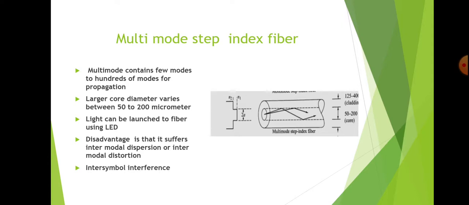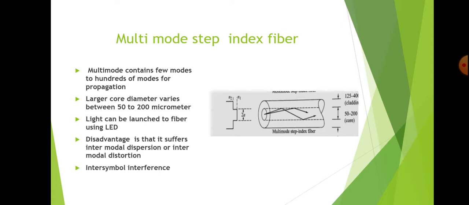So we can say that when a light source launches light into a multimode step index fiber, it will travel through the core of the fiber. But we know that in the multimode step index case there are different modes, so light waves will travel through different paths at different velocities. So at the receiving end, the modes in a given optical pulse arrive at different times, and this causes the pulse to spread out in time as it travels along the fiber.